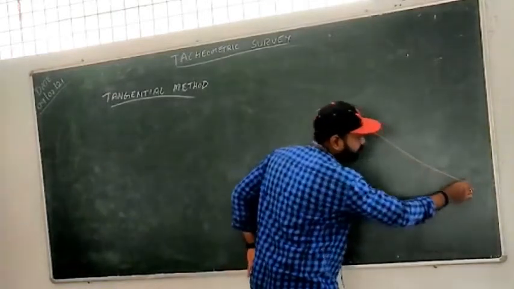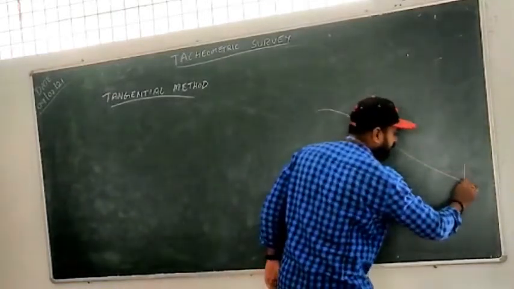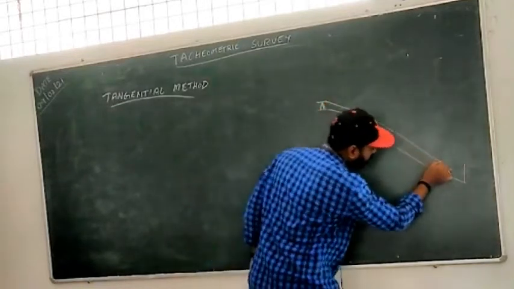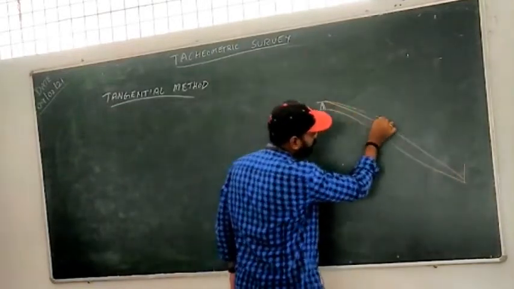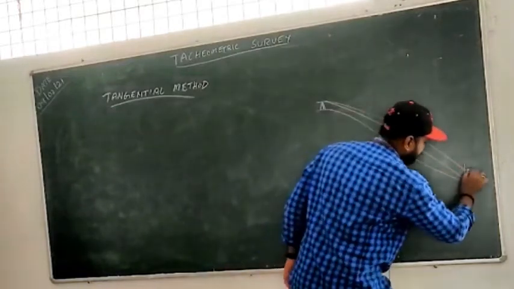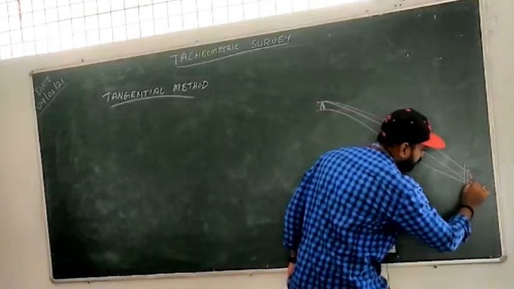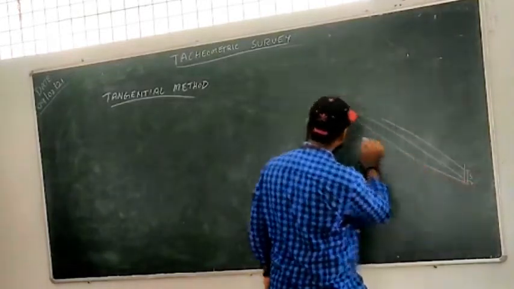Now depression means your ground profile comes like this. This is your staff and this is your theodolite, and here you have the bottom vane and this one is the top vane, and say this is S, and say this is R.